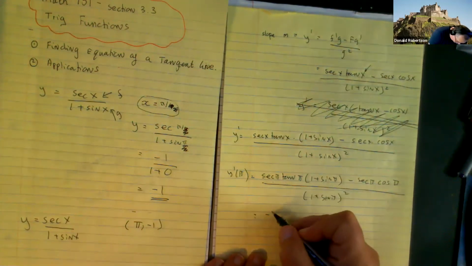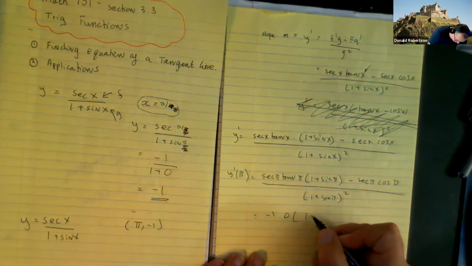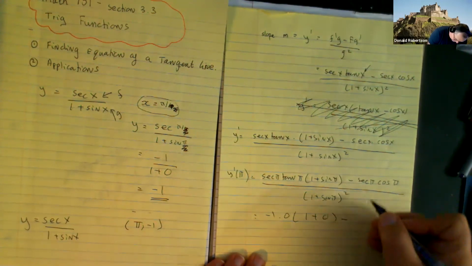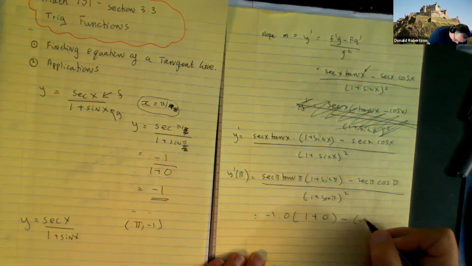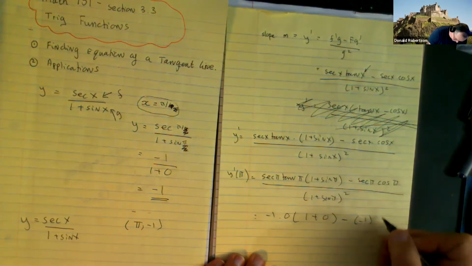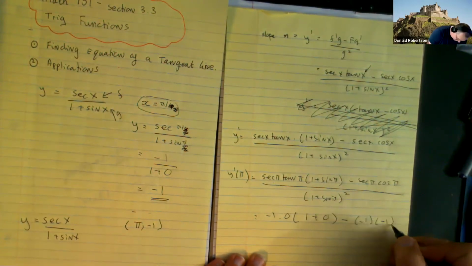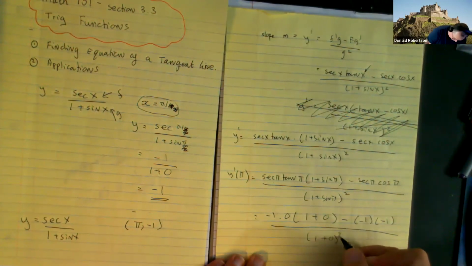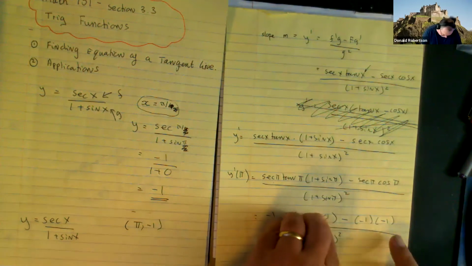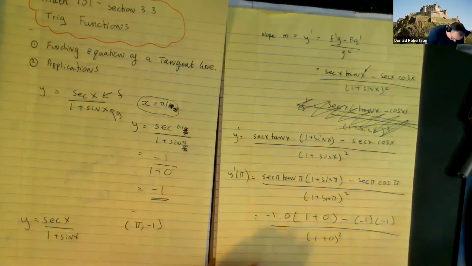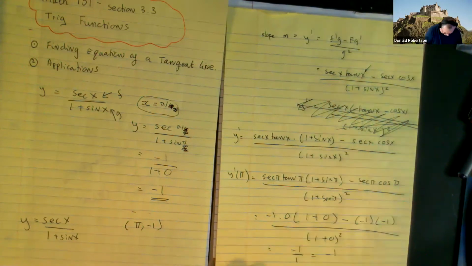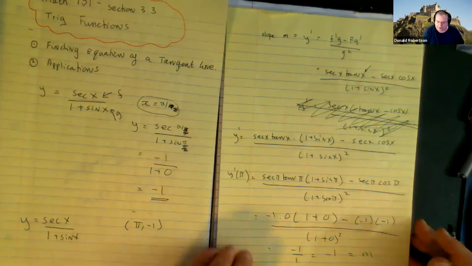That guy's -1, that guy's 0, that guy's 1, that guy's 0, but that doesn't matter because it's all 0. That guy's -1, and that guy's -1, and that guy's 1 plus 0 squared. So you got 0, and 3 lots of negatives, so that's -1 on the top over 1. After all that hard work, the slope was -1.